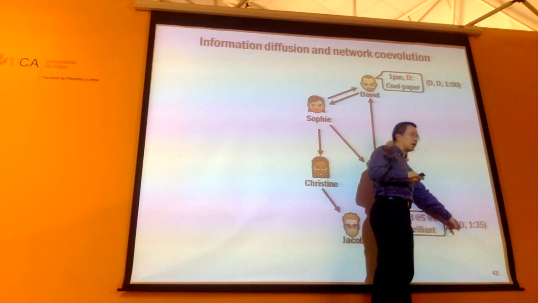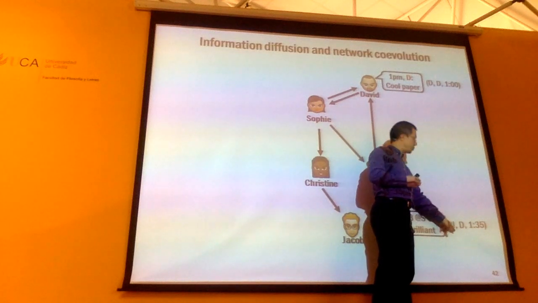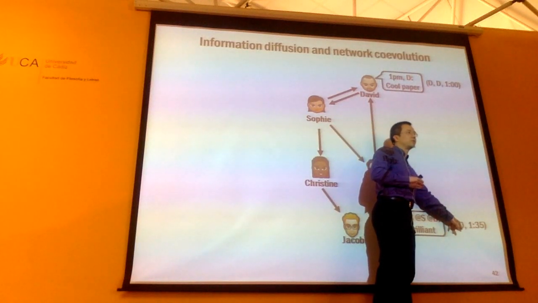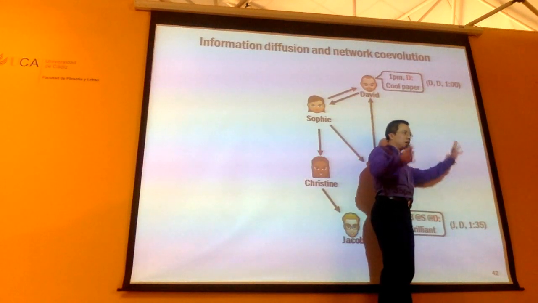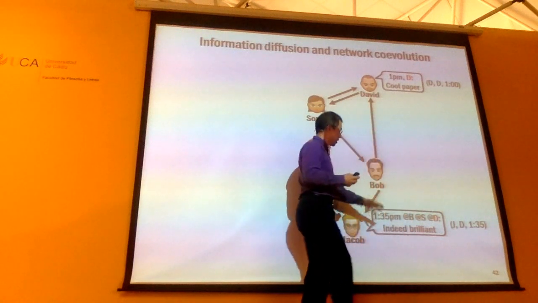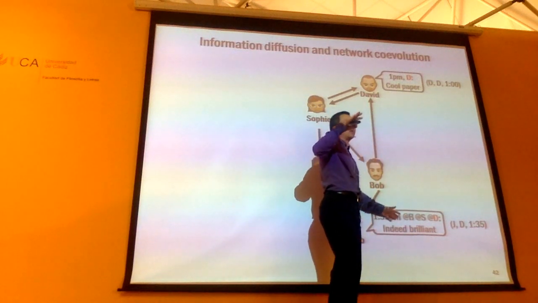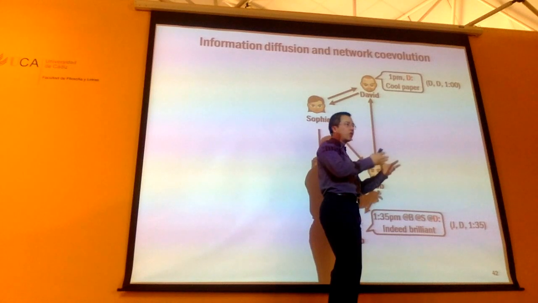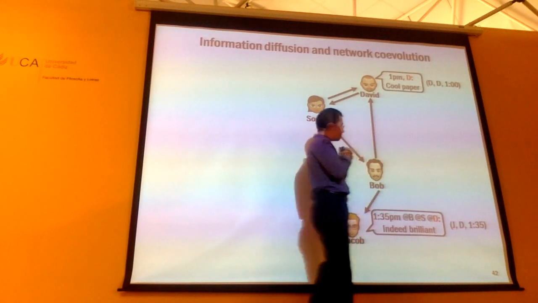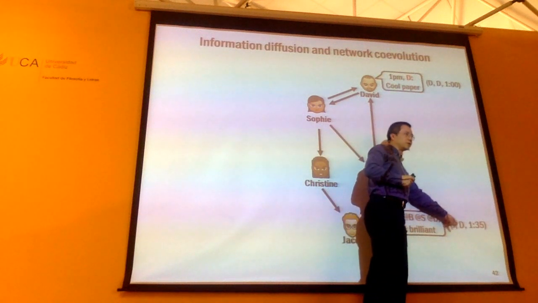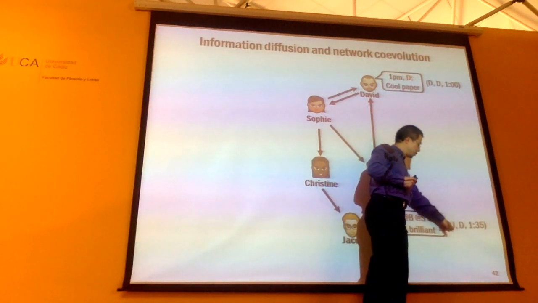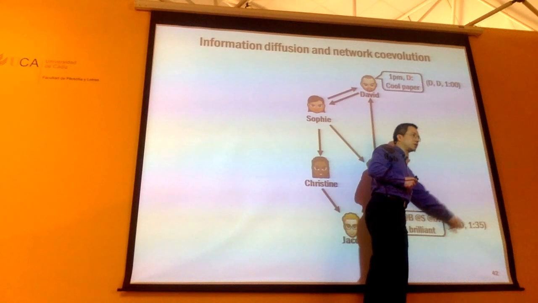The second element is going to be the information source. So Jacob is retweeting the tweets from David, okay? I'm going to record the information source as well, and also the temporal information. In this talk, I'm not going to involve other information like text. I'm only going to talk about the text at the very end, how you actually incorporate the text information. So you are going to record this event as a triplet: the destination node who retweeted, the original source of the tweet, and the time. Okay.